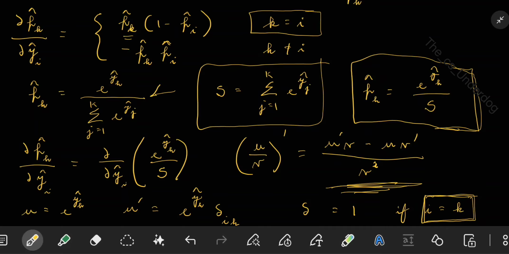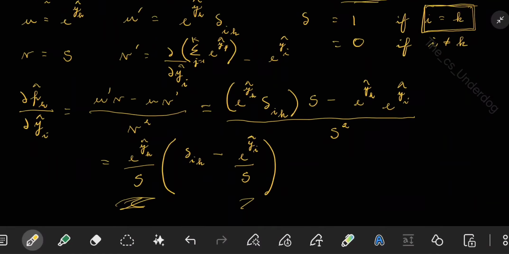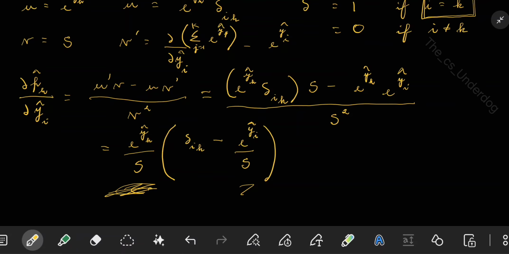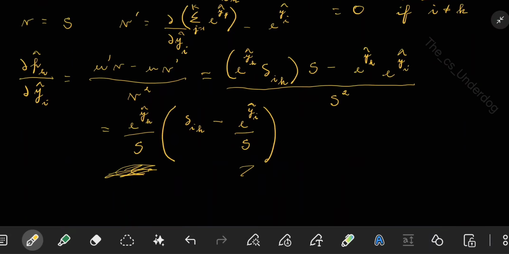So actually pk cap is this, where we substituted with s and we got this particular value. Now if you see the value that you have here, e power yk cap, this is exactly the same as this, which means you can substitute pk cap at that point. What I'm going to do?